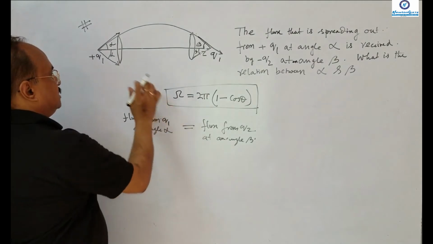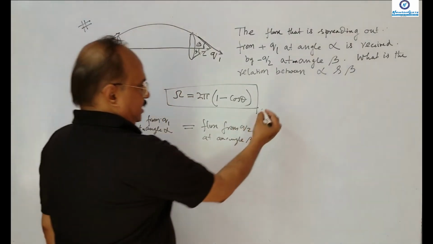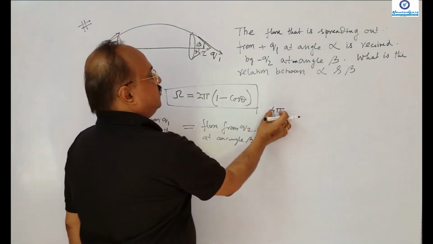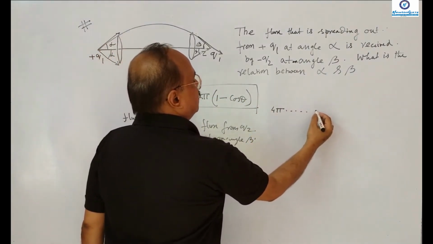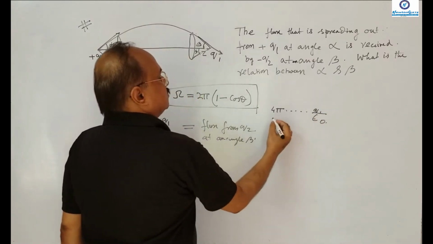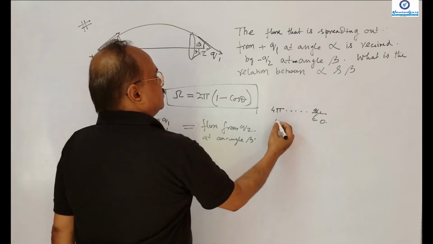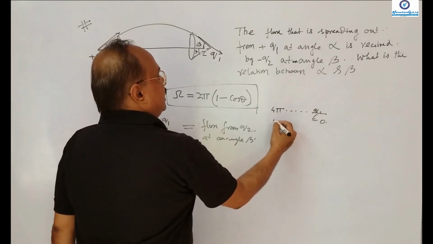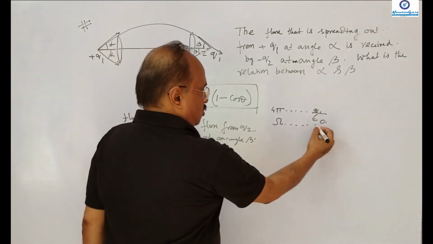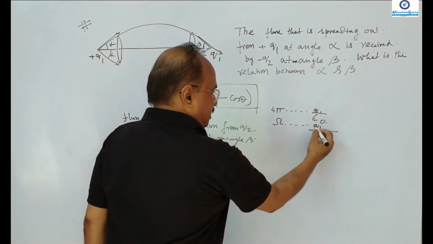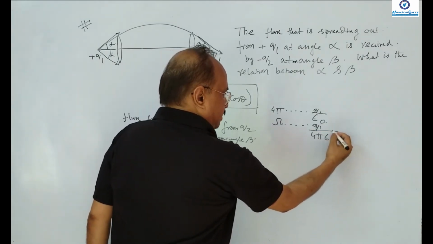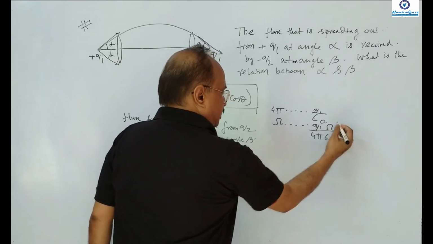You see, for the total solid angle 4 pi from a charge, the total flux is equal to how much? Equal to q1 by epsilon naught. Therefore for a given solid angle, it will be q1 divided by 4 pi epsilon naught into this solid angle.